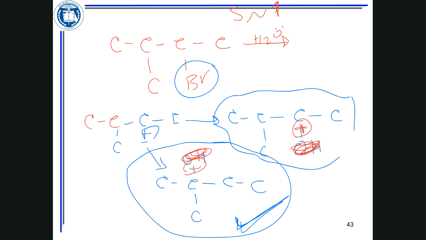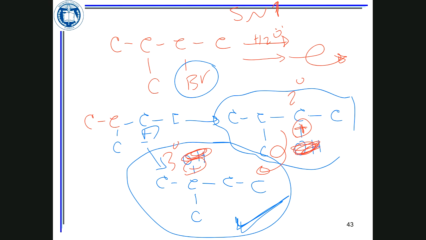This is a secondary carbocation. This one is a tertiary carbocation. So our secondary carbocation has been rearranged to a tertiary carbocation. Instead of drawing the normal arrow, you would say it has been rearranged, so a rearranged carbocation or rearranged intermediate.